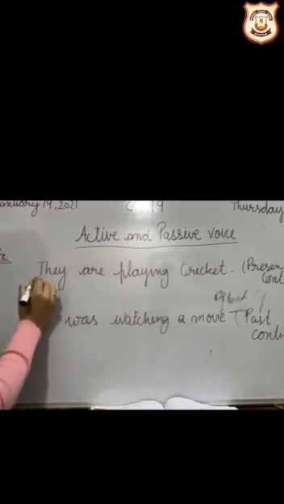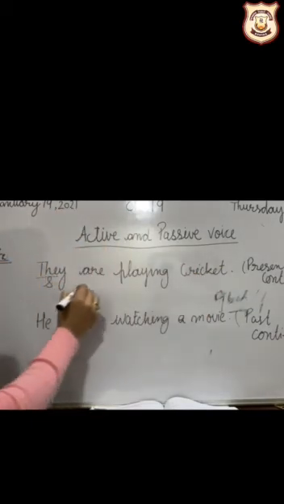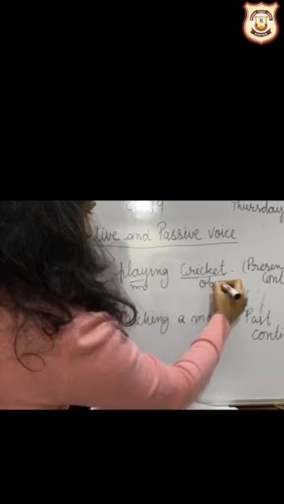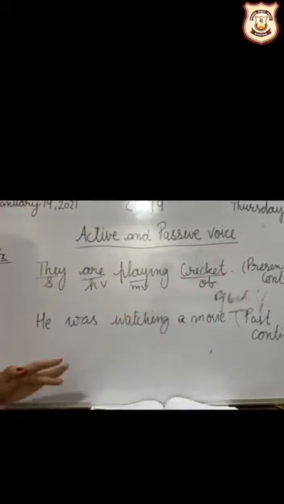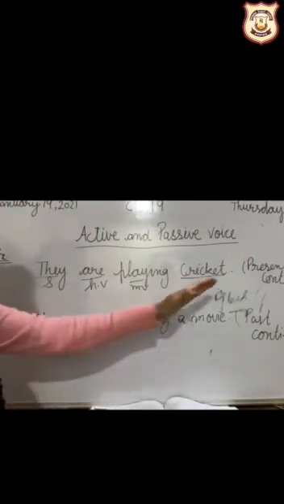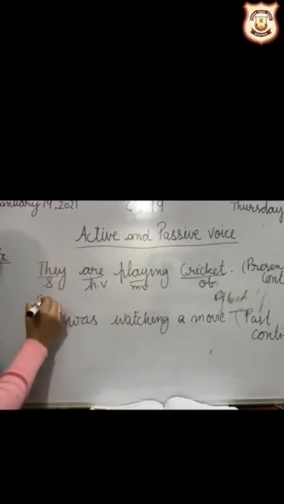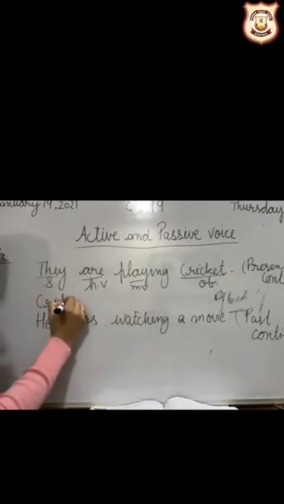So this is the subject, helping verb, main verb, and this is the object here. Fine. Now what do we need to do? We need to change it to the subject. Cricket will come at the place of the subject. It is very simple.